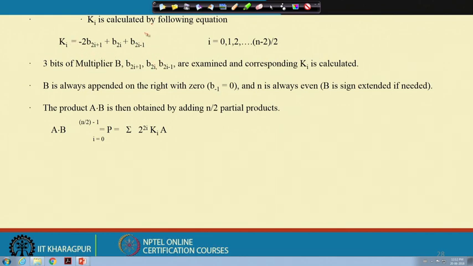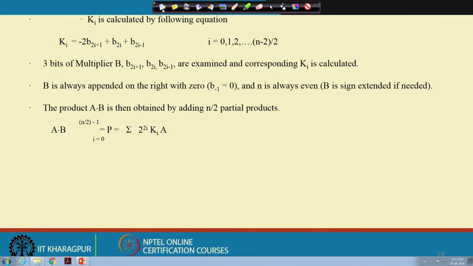The recoding technique is done based on this particular equation, where the position weights are 2 to the power 1, then 2 to the power 0, and then again 2 to the power 0.